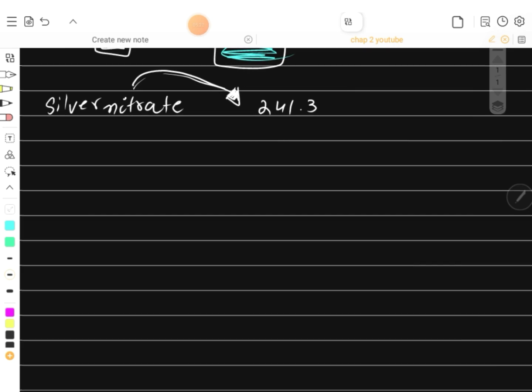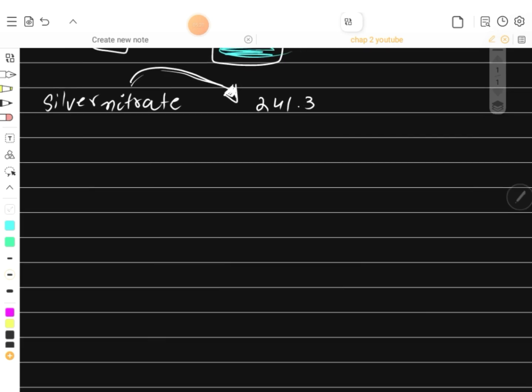There's a chart in the book showing the solubility of different kinds of compounds. The solubility decreases as we go down the lines, because every compound has a different solubility factor.